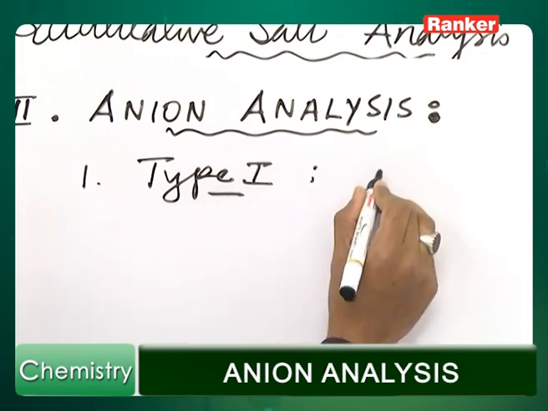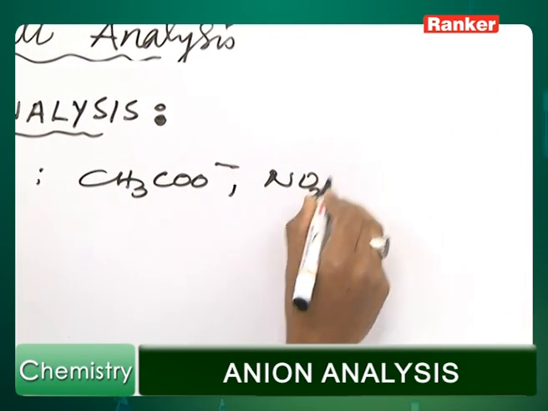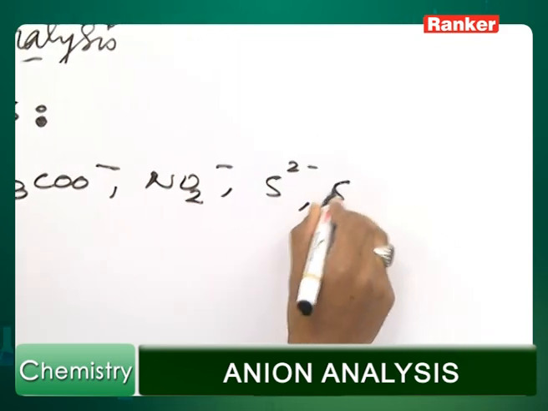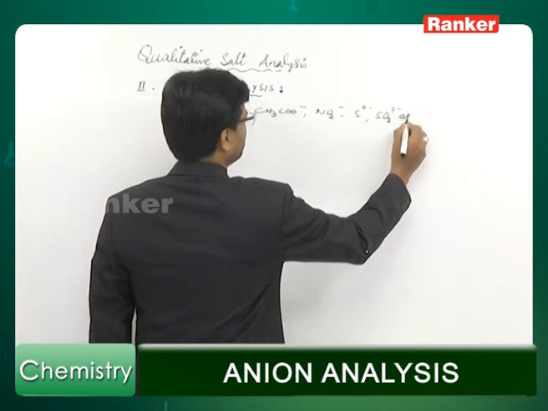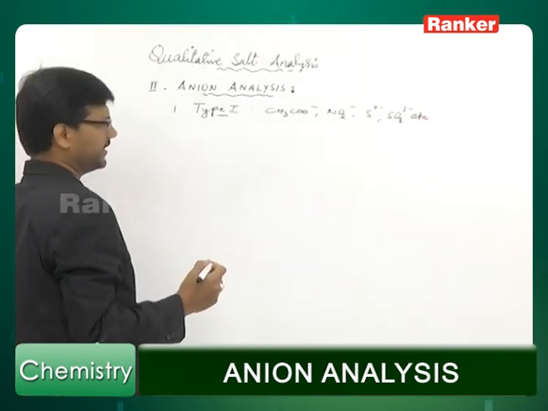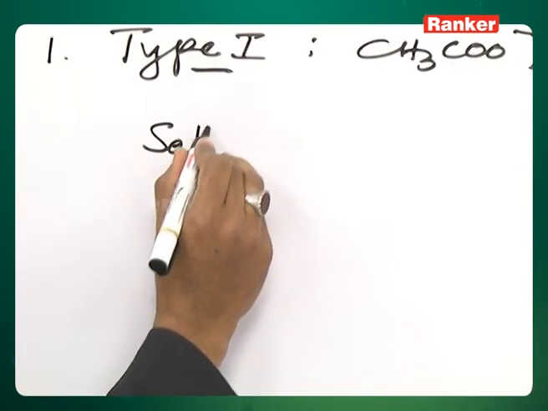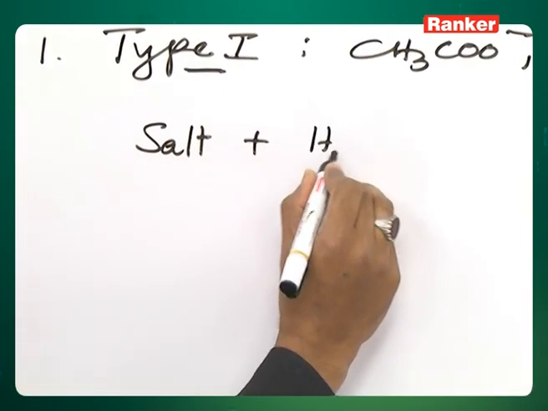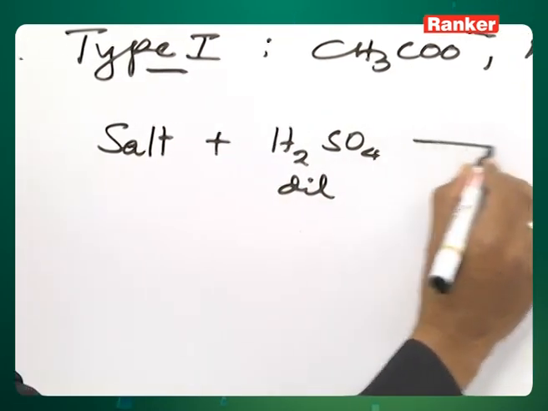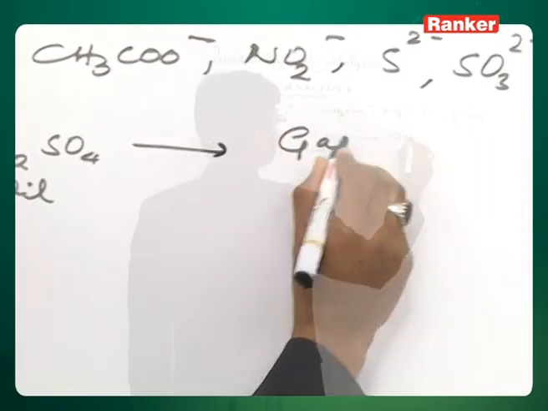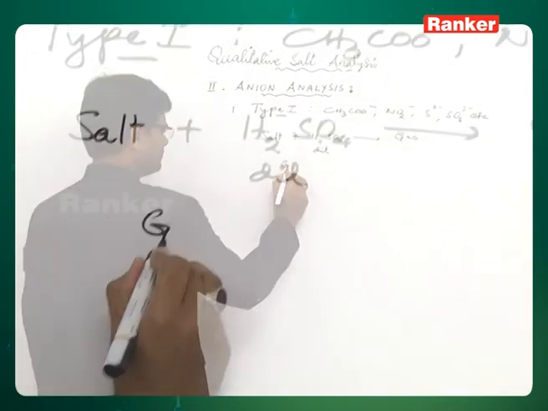What are the examples? Acetate, nitrite, sulfide, sulfite. These are type 1 anions. If the salt is treated with sulfuric acid, we will have to take dilute sulfuric acid, some gas is evolved. Now, let us look at the tabular form.